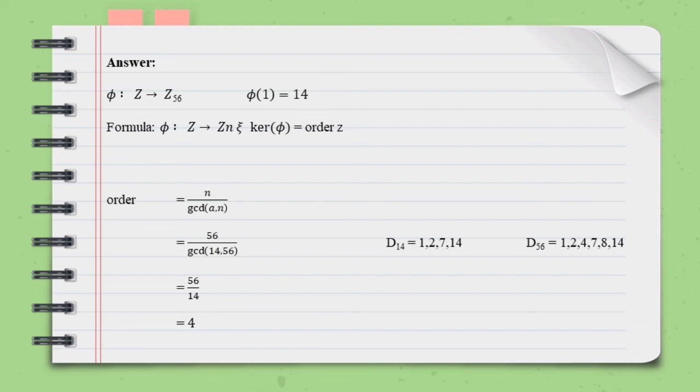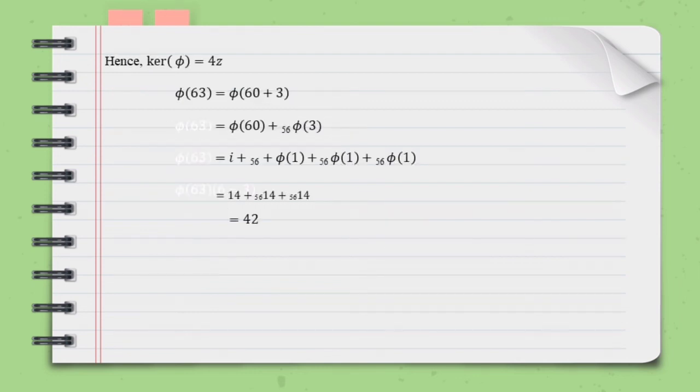Since the GCD of 14 and 56 is 14, we substitute it and get 56 over 14, which equals 4. Hence, the kernel of phi equals 4Z.